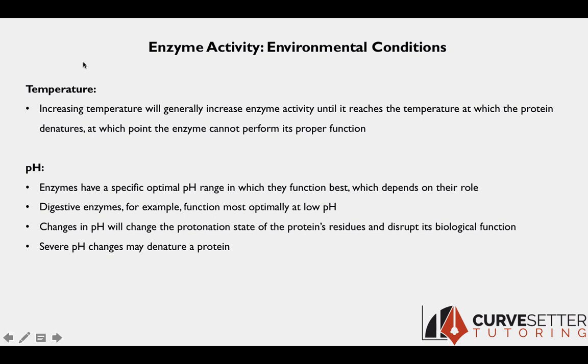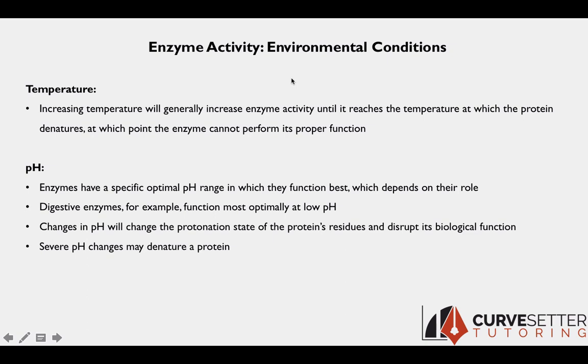Specifically, when we're talking about temperature, in general, increasing temperature at first, when it's not too dramatic, is usually going to increase the activity of the enzyme. We know that increasing temperature often increases the rate of reactions in general, right?